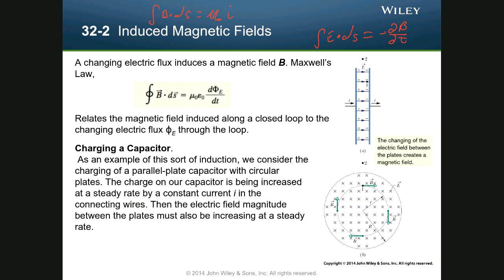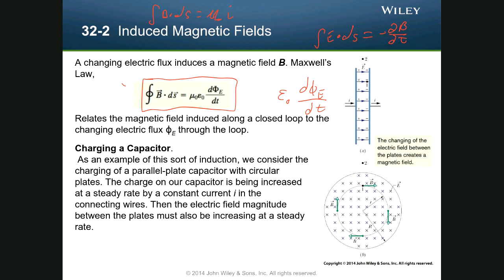And so Maxwell proposed this version of Ampere's law, where he invented this term here. We're going to call this the displacement current because it's a displaced current.